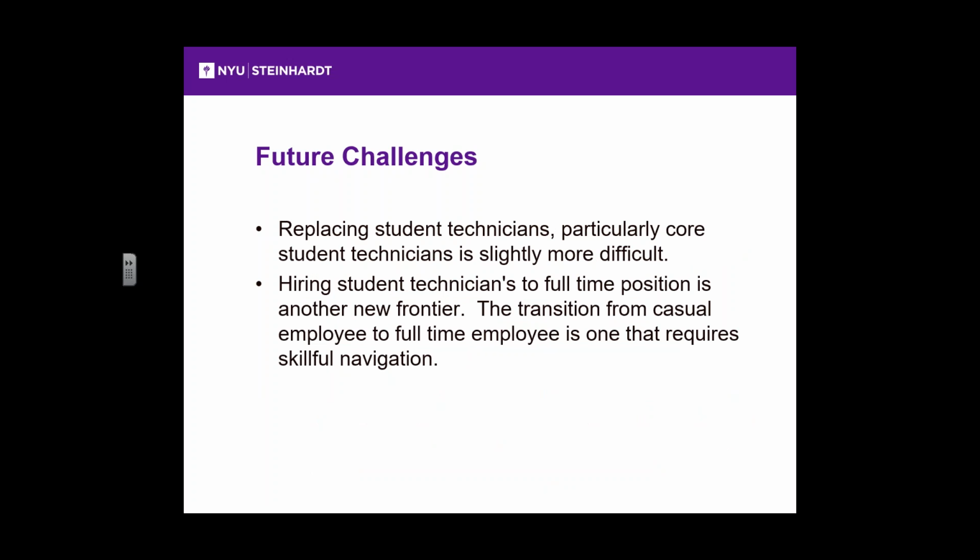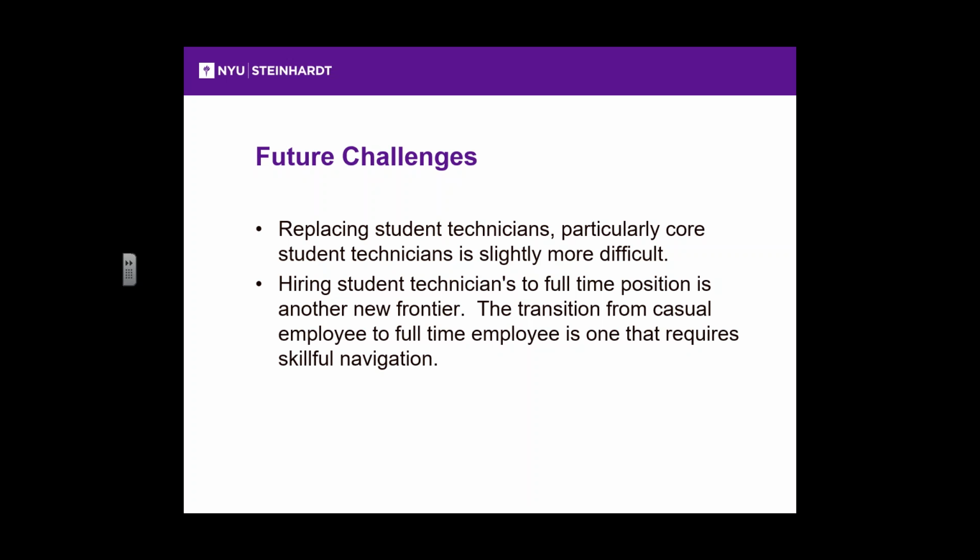Some of the future challenges that I thought of: replacing student technicians, particularly core student technicians, has been slightly more difficult. We currently lost a student technician. He got a better offer at a startup. I am definitely feeling this one right now. He definitely has a lot of skills, and I'm really happy that he has moved on to further his career, but replacing him is going to be more difficult.